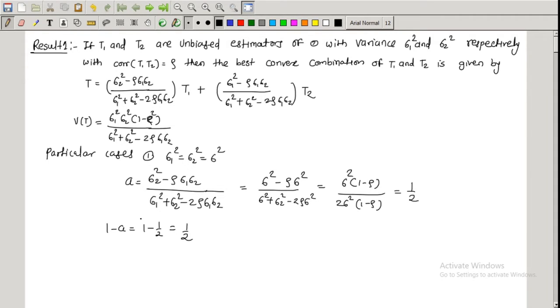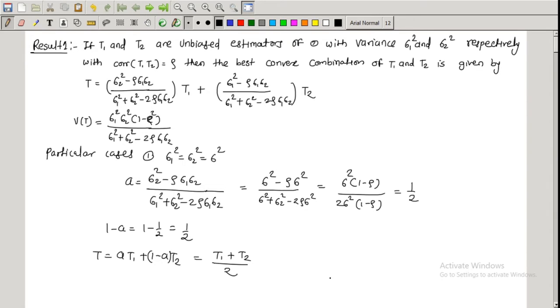T has the formula A into T1 plus 1 minus A into T2, so by putting the values you get T1 plus T2 divided by 2, for this equal variance case.